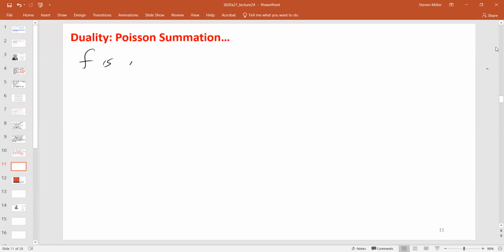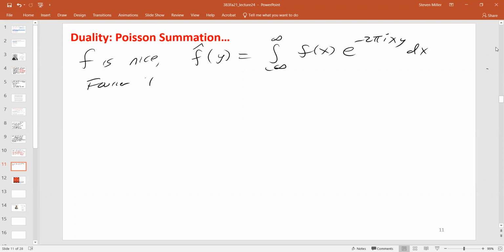If f is nice, f hat of y is equal to the integral from minus infinity to infinity of f of x e to the negative 2 pi i x y dx. This is called the Fourier transform of f. I know there's at least one student here who has a great hat about this.